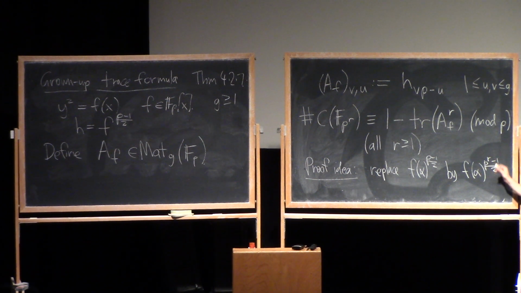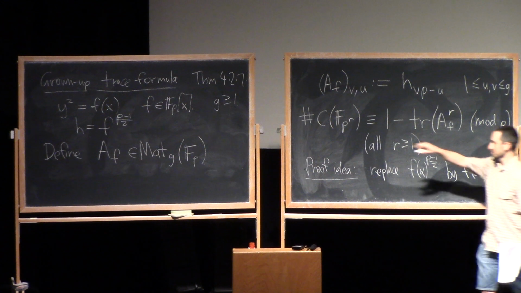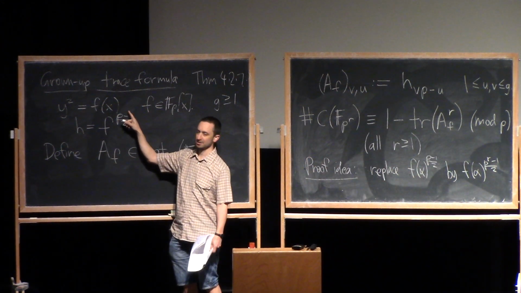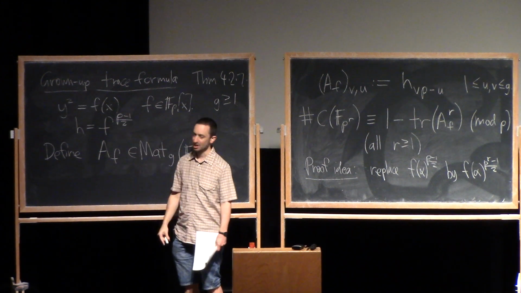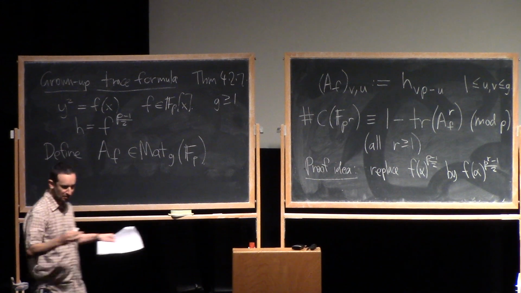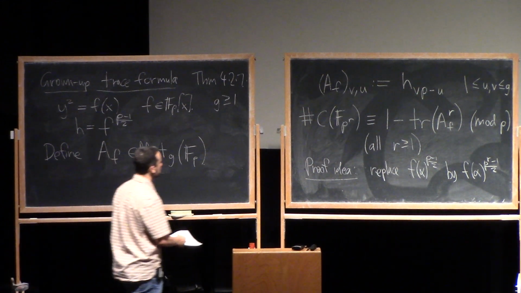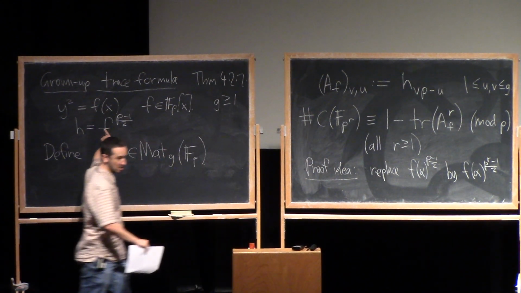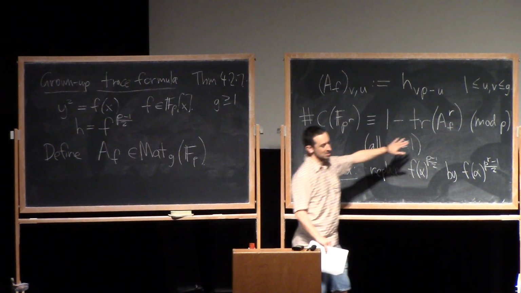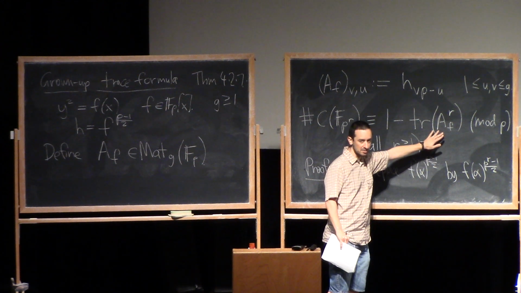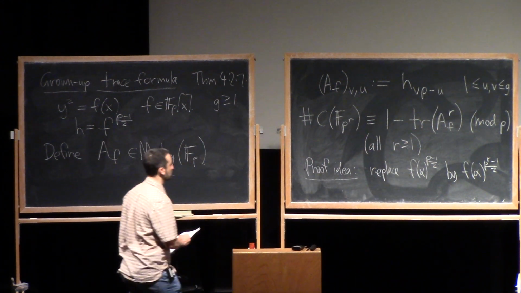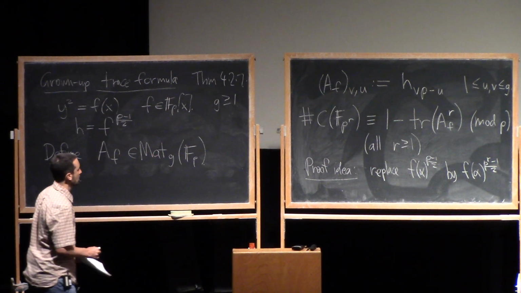When you do this, you end up with an analog of this polynomial, but with a much higher power of p. You get the p to the r here instead of p. So that's no good. But then there's some trickery which lets you express the coefficients of that polynomial in terms of the coefficients of this h. And it turns out, for magical reasons, that this is the relationship you get. There are a few different ways you can prove it. I've suggested one in the notes. Okay, so that's the idea.